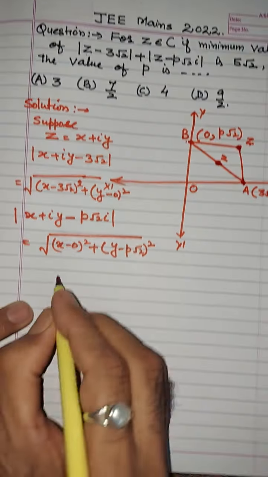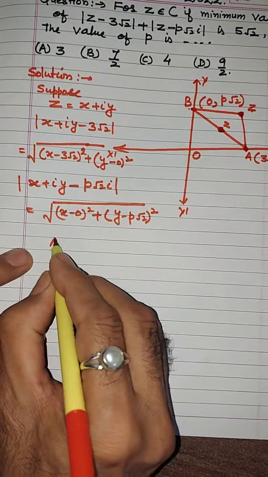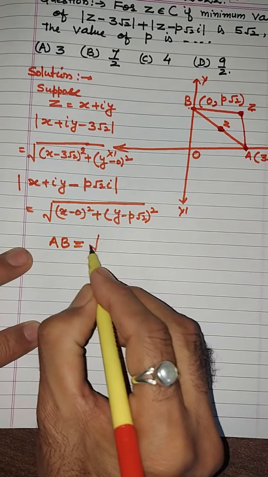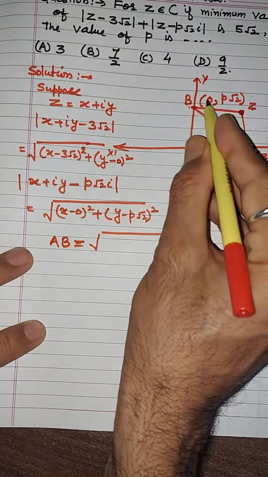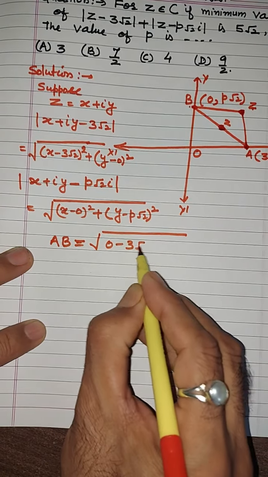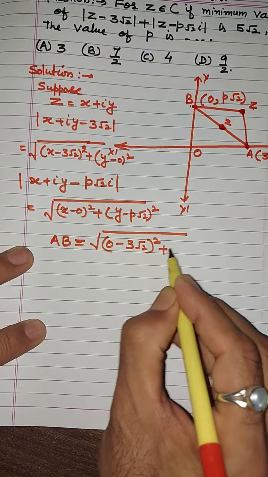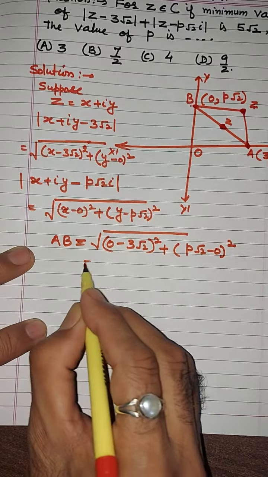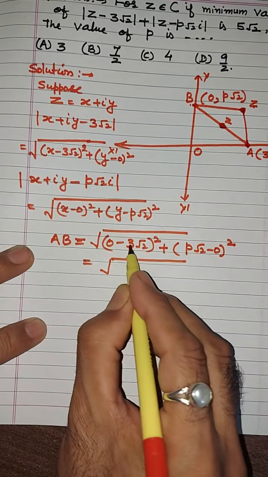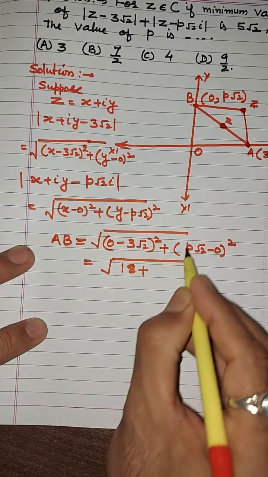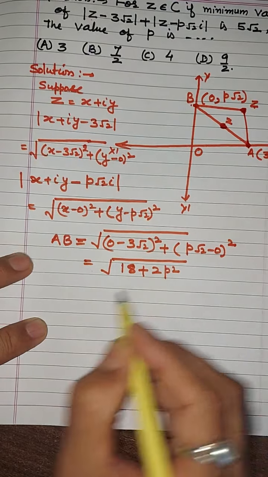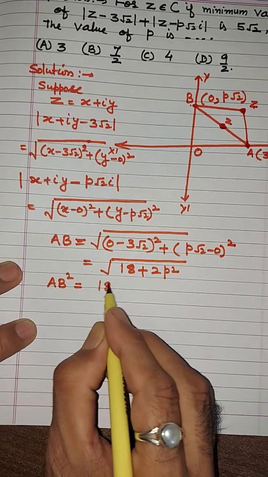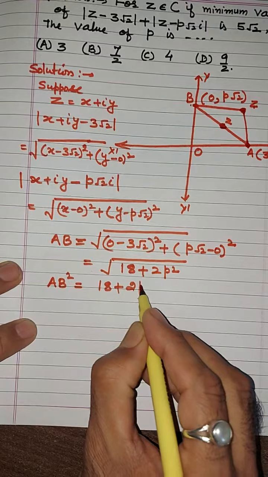So in other words, we will calculate the distance AB. This is equal to the square root of 0 minus 3 root 2 whole square plus p root 2 minus 0 whole square. This is nothing but 9 into 2 is 18 plus 2p square. If we square this, AB square is 18 plus 2p square.